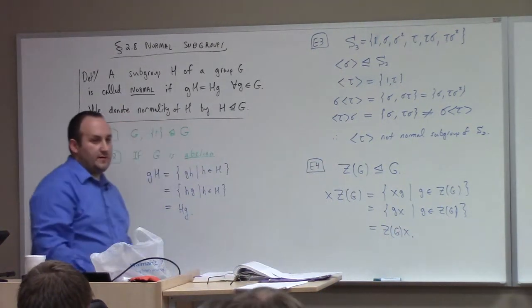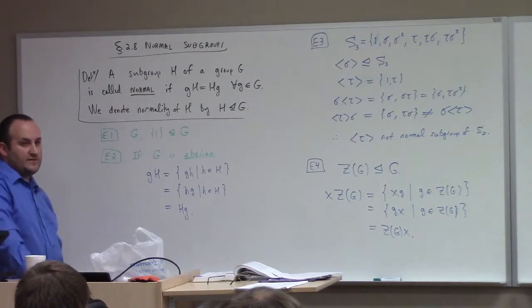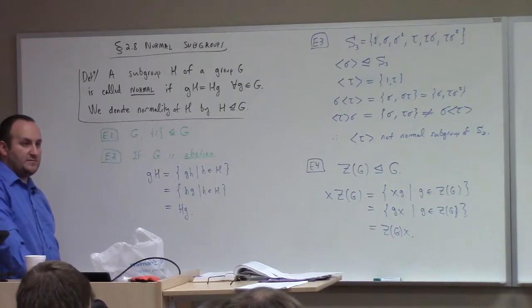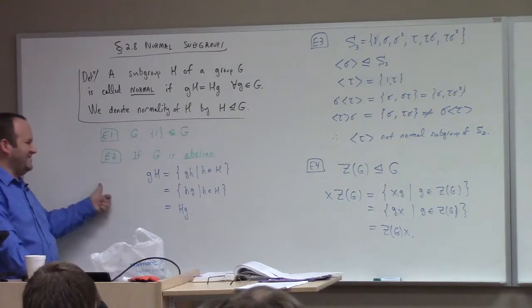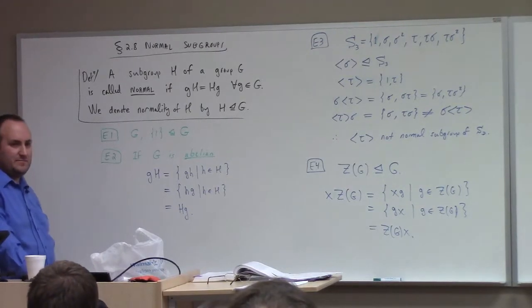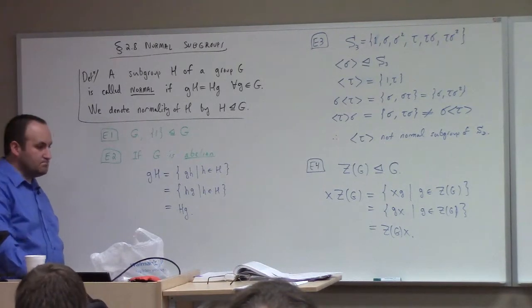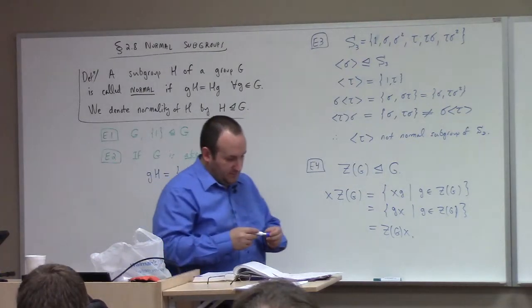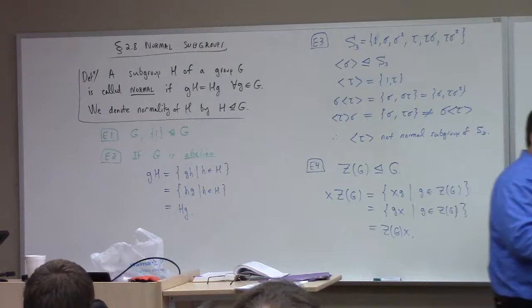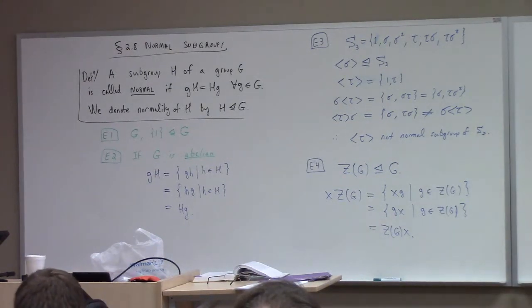But x is arbitrary. So that shows you that the left and right cosets of the center match. In fact, that's exactly my example 2 too. The qualifier is a little bit different, but the calculation is basically the same. So the center of a group gives you a normal subgroup, right? You notice that normal subgroups don't have to be found inside the center.